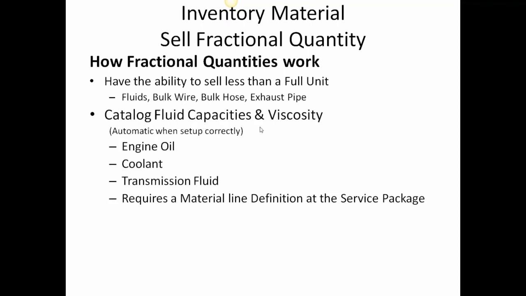The catalog fluid capacity and viscosity is what I just showed you, and it works automatically when it is set up correctly. So on your service package line items, we need definitions for this to work for our oil, our coolant and antifreeze, transmission fluid. It does require the definition at the service package.